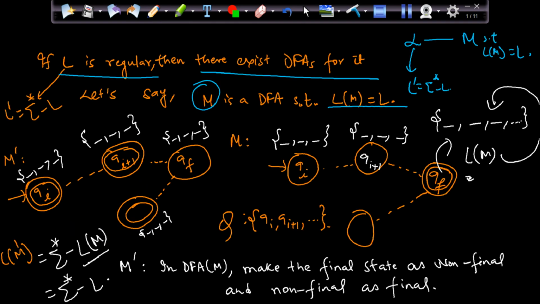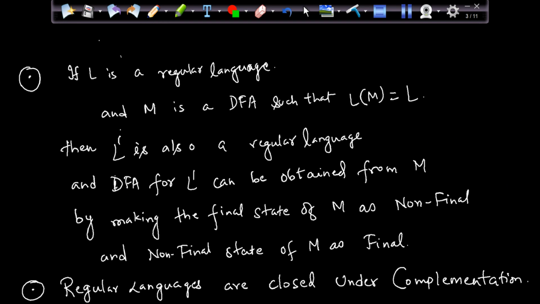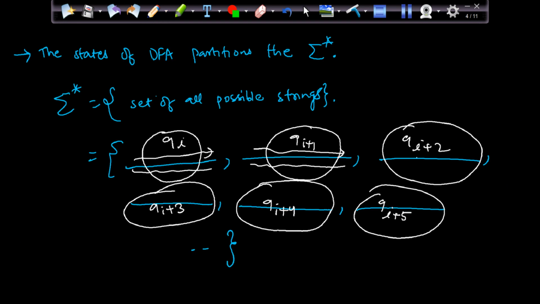Now you know that the states of the DFA partition the sigma star. We have seen that in the very first video, the introduction to deterministic finite automata. Each and every state partitions the sigma star.